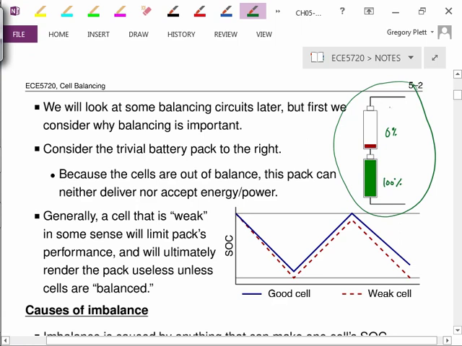If I try to use the battery pack to deliver energy to a load, I will over discharge that cell on the top. Or if I try to charge the battery pack, I will overcharge the cell that's on the bottom. So this battery pack cannot deliver charge or power or energy. It can't accept it. So this pack is useless, even though the cells might still be healthy cells.